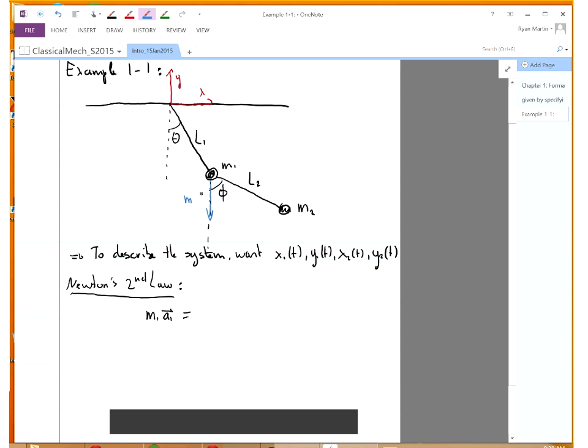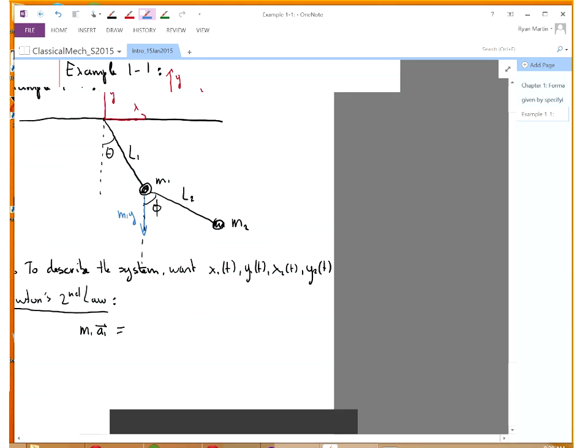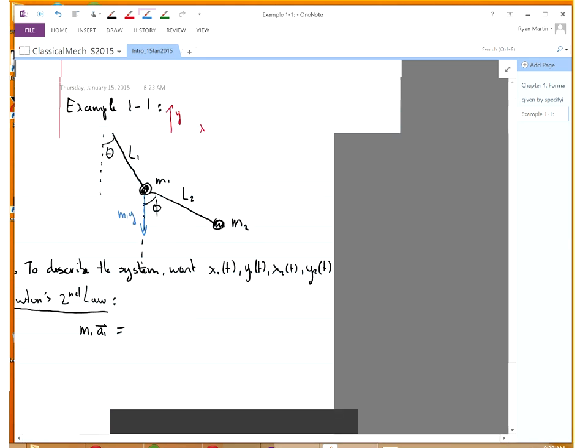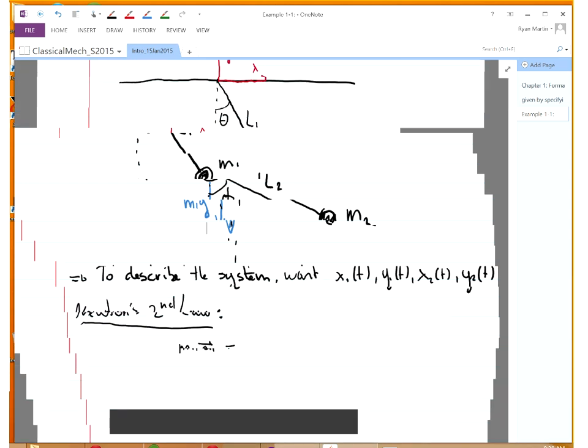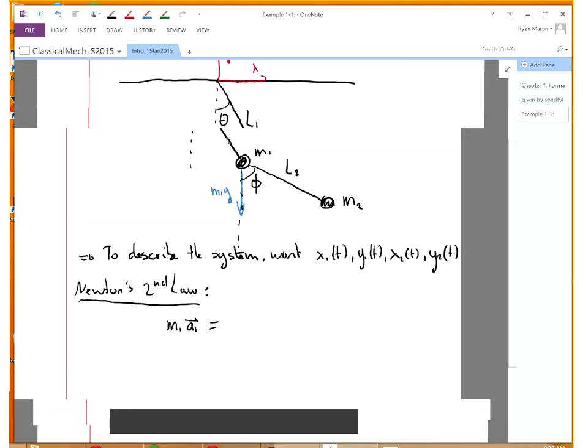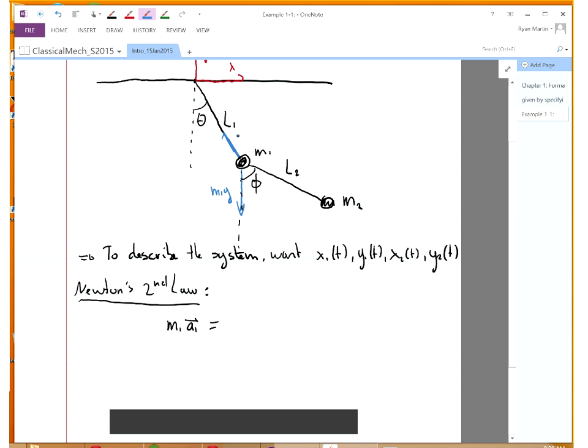We have gravity, M1 g, we have a tension from the first string, which let's call T1, and then we have a force of tension from the second. I call them strings and rods interchangeably, but they're a rigid object that has no mass. Let's call that T2.